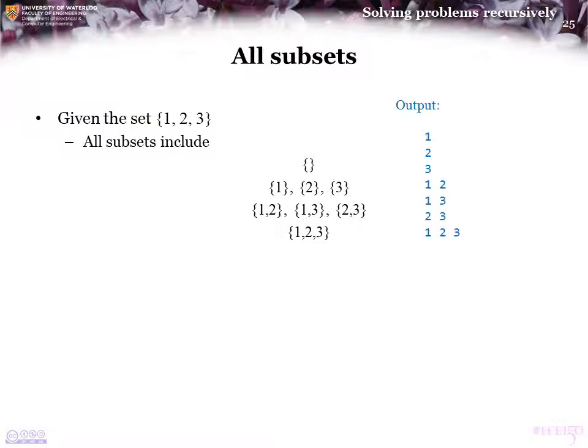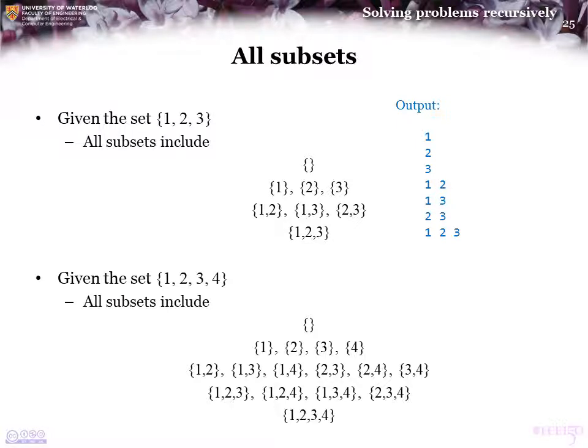I'd like a program that prints these out. Now, we don't care about the order. We just want all of these entries, all these possible combinations to be printed out. Similarly, given the set 1, 2, 3, 4, again, all possible subsets include all these possibilities here. And if you count these, you will notice that there are 2 to the 4 possible subsets. Why?